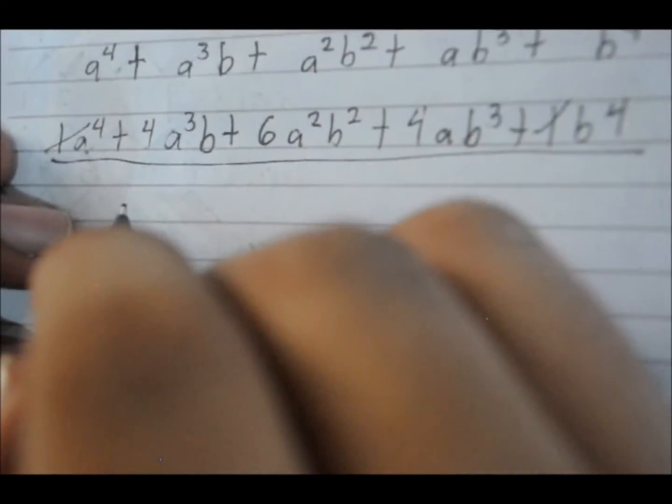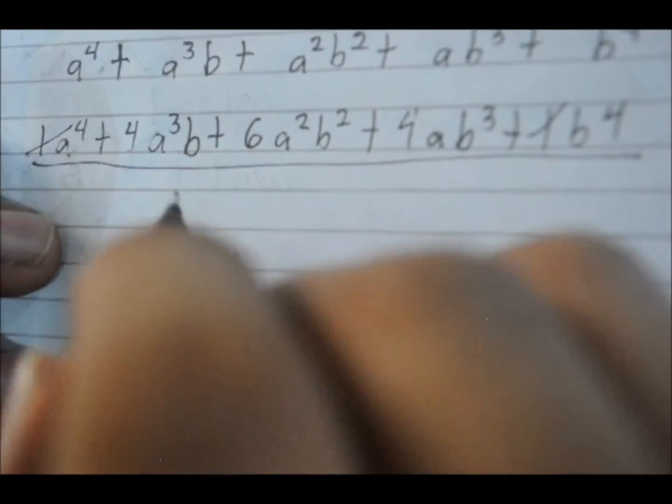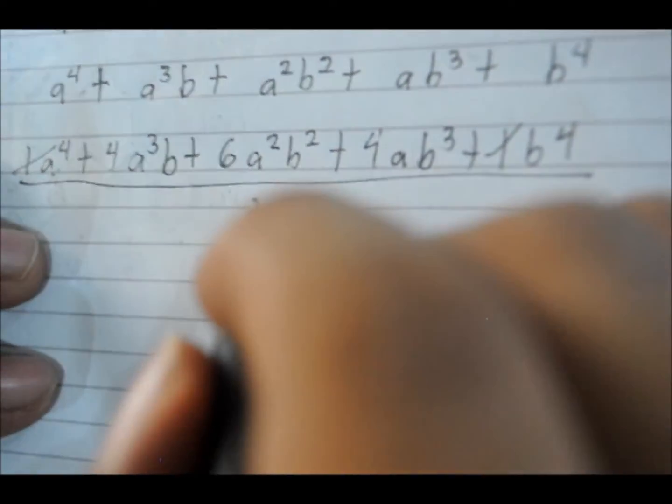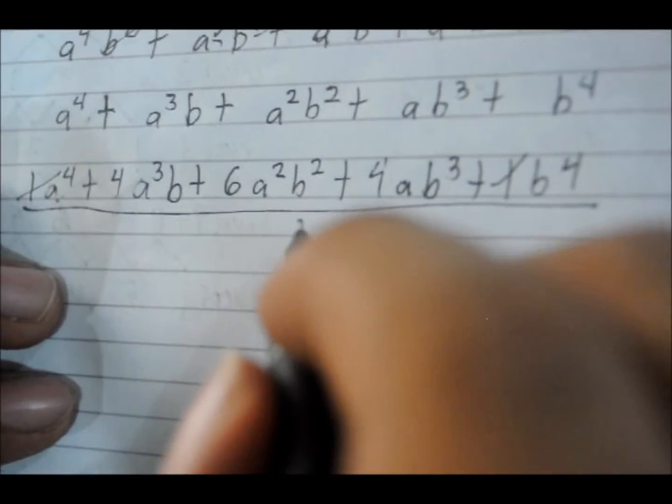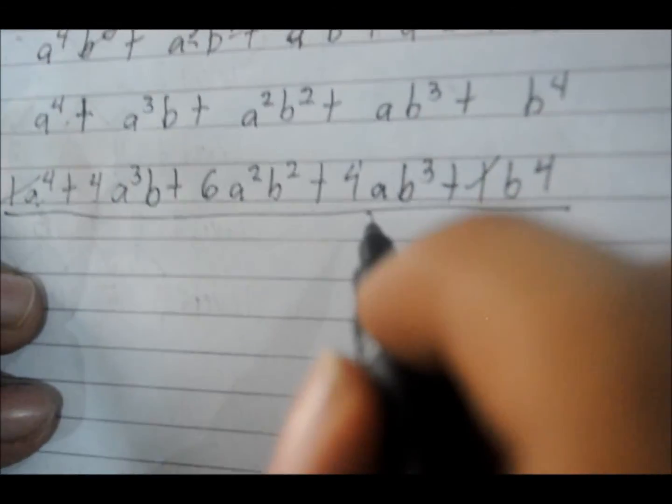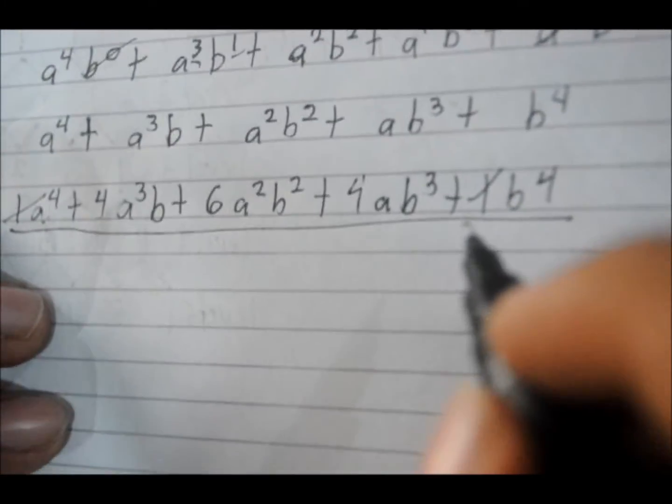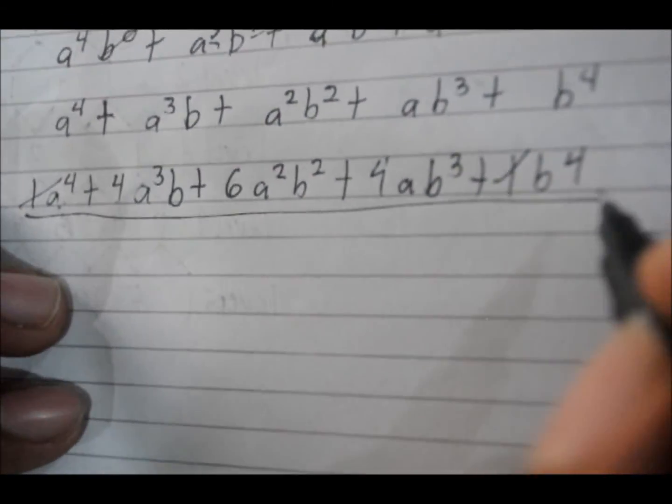Or you can cancel out the 1, so it is a^4 + 4a^3 b + 6a^2 b^2 + 4a b^3 + b^4. That's all. Thank you.